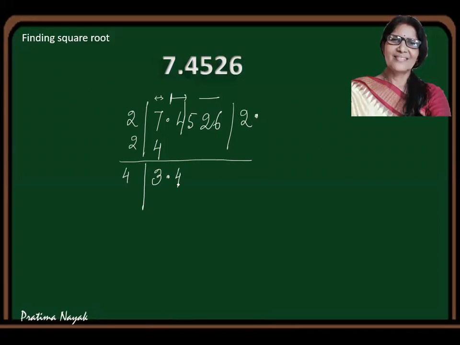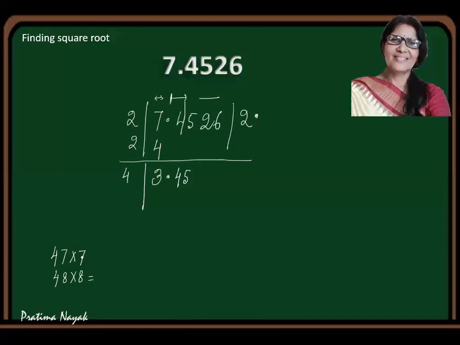And bring 45 down. Now think of what it should be. This needs some critical thinking. What should be multiplied with 4, keeping this, so it will be less than 345? Either I'll try 47 times 7 or 48 times 8.